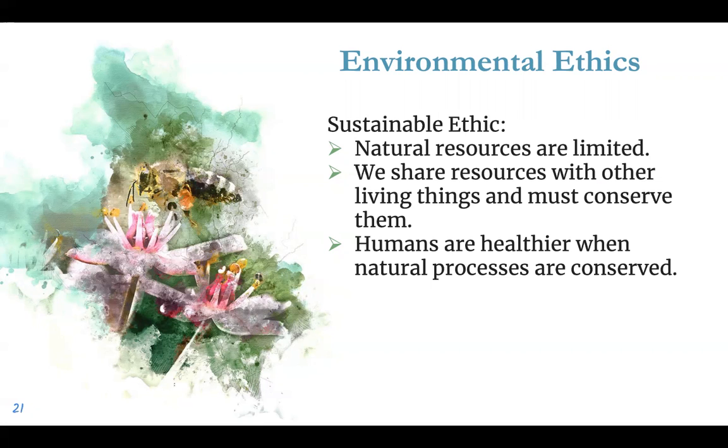So if we destroy these processes so that they no longer occur, we will have to carry out these things on our own using technology or human labor, right? If we don't have pollinators, which actually has occurred in China, they have seen such a decline in their bee populations that they actually have to hand pollinate apple trees, meaning you take a paintbrush to a flower, get a pollen grain, take that pollen grain, and put it on another flower to produce fruit.